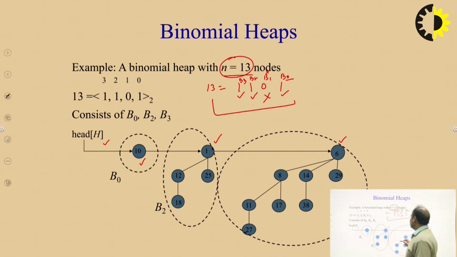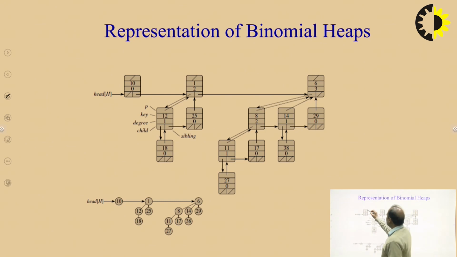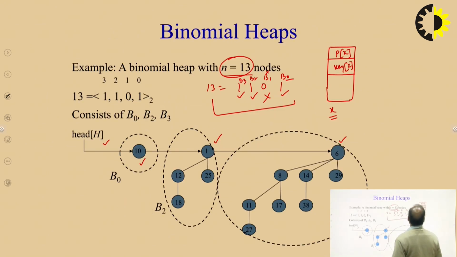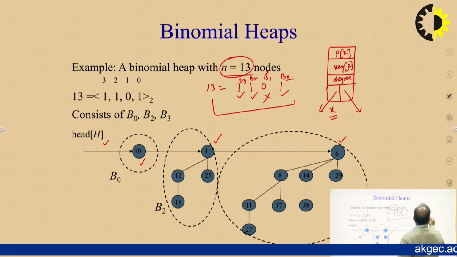You start from 10 and this is how it is done. In a binomial heap, each node has the following fields. If X is a node, first is the parent of X, then the key of the node, then its degree, then the pointer to the left child, and the pointer to the sibling. The right child is nothing but a sibling.